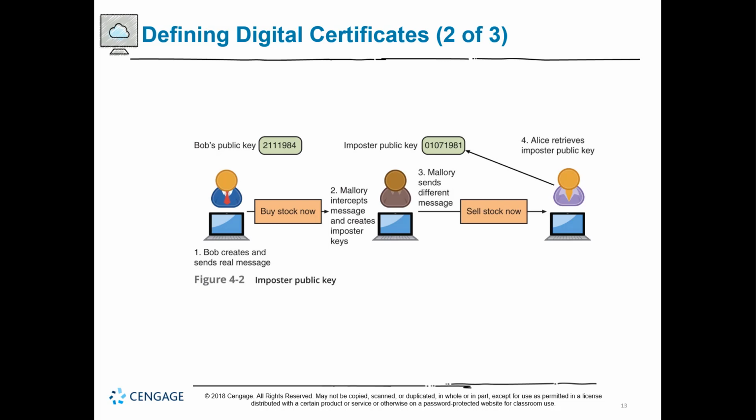The man in the middle may then forward on an additional message, and the destination will receive the message and use the imposter's public key to decrypt the message. This is an example of a man in the middle attack using these types of digital certificates. That's what makes this a little bit more complicated when we're dealing with key distribution.